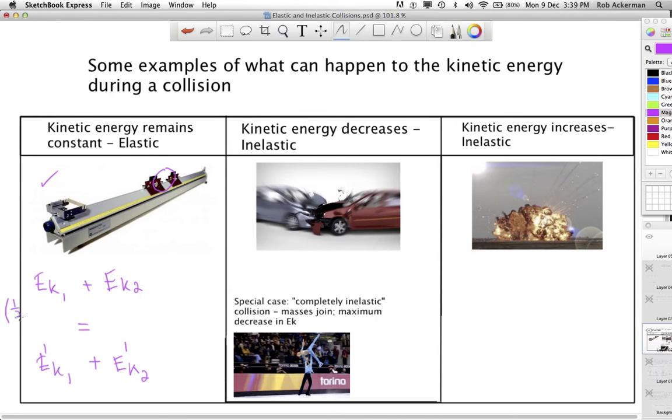They are 1/2 mv squared calculations, just like before. This would be 1/2 m1 v1 prime squared, and this will be 1/2 m2 v2 prime squared.